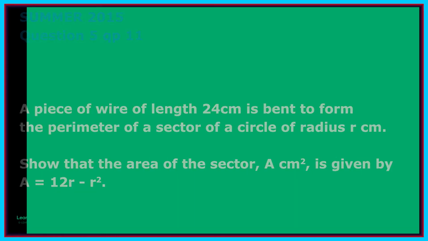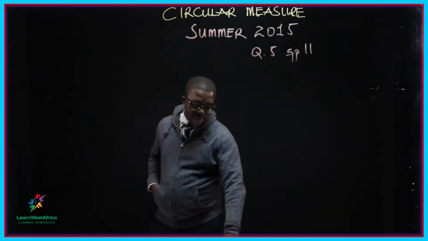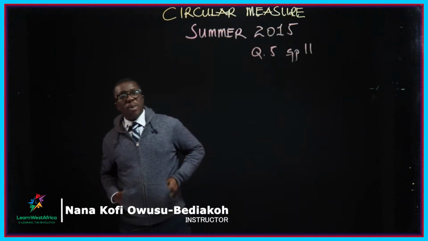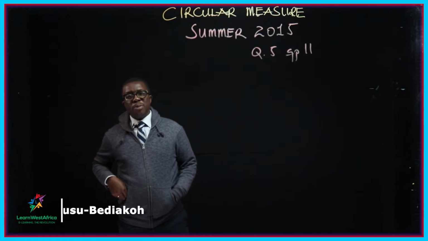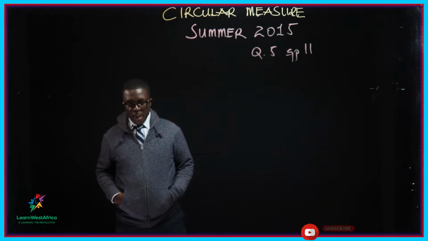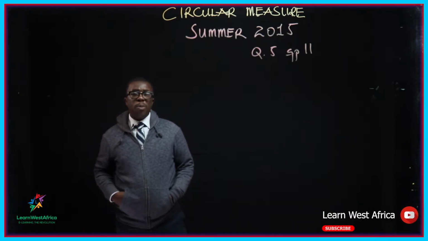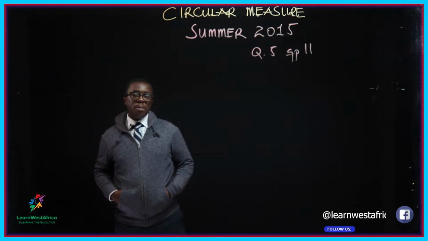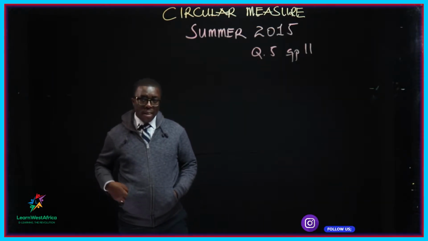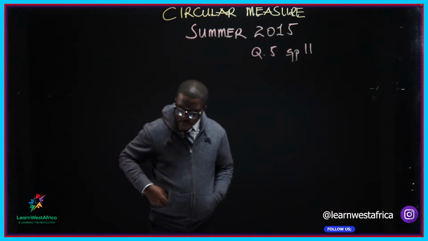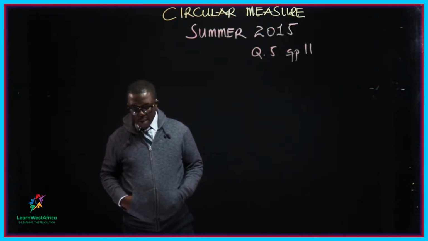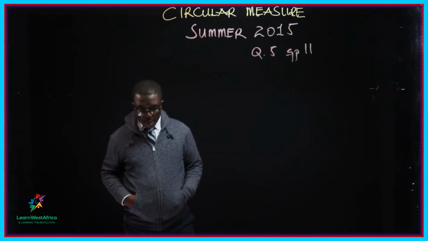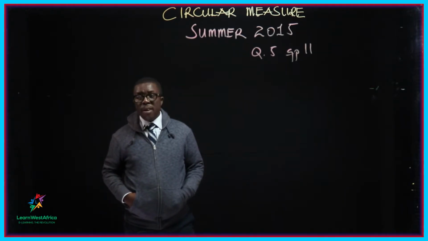So in the first of our problems, question 5 QP11 of circular measure, summer 2015, the question is asking us that we have a piece of wire of length 24 centimeters, which is bent to form the perimeter of a sector of a circle of radius r.